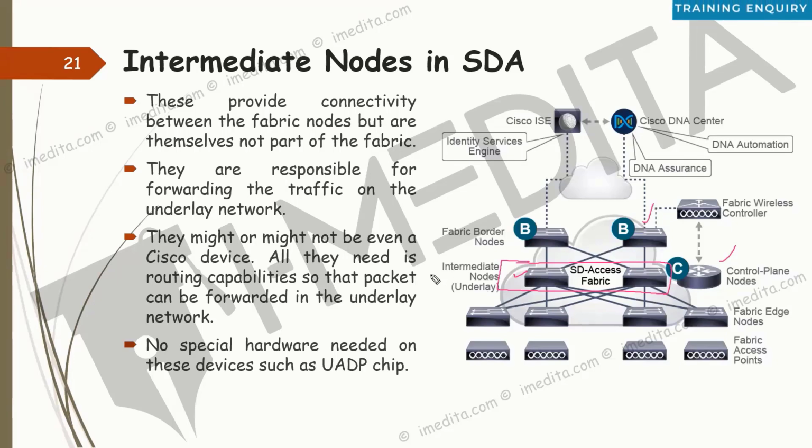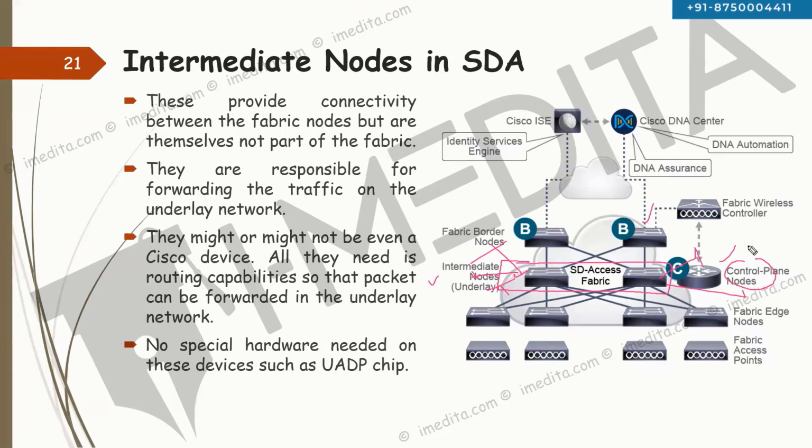So it is completely your choice. If you want to have this distribution switch, you can connect your servers, for example DHCP server, DNS server, and other servers. You can also connect other devices, such as control plane nodes, which are part of the SDA. If it is required, then you can have it. It's not mandatory.